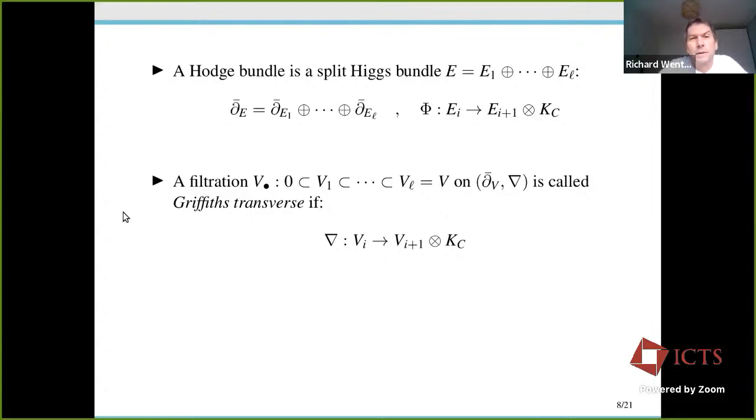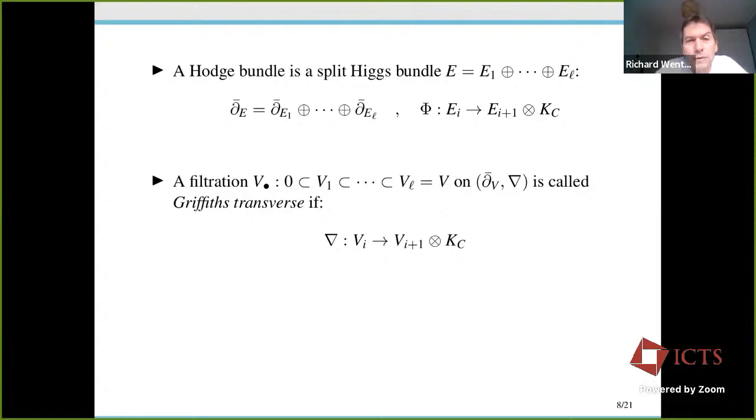So let's introduce some notation. If we have a flat connection, I'm thinking of V now as a holomorphic bundle with an algebraic connection, then we can look at filtrations by subbundles.